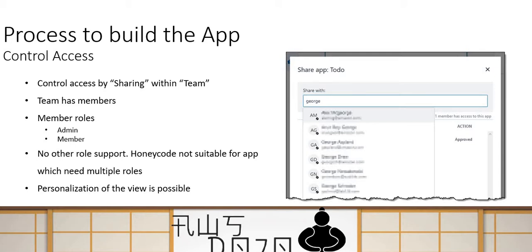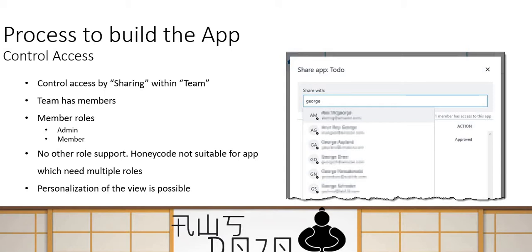So I just said that Honeycode uses the concept of this team. Your app can be shared or made accessible to members of the team, and when you share with a member of a team, at that time you specify whether this member will have admin access or member access. If it is member access, then that user can only run the applications, nothing more than that.